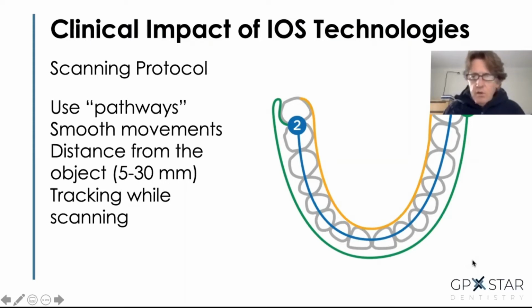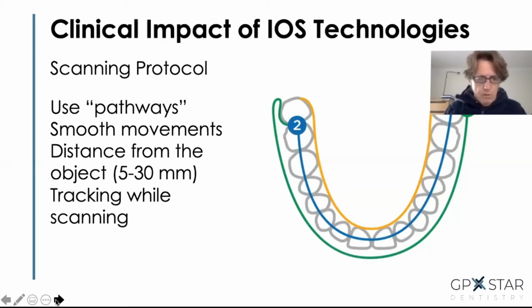The use of pathways is a great way to get your scan time down, and also to make sure that you get all the information that you need for your impression. Remember, you're going to design the crown on that. Now, this is what we're going to talk about, crown preparations.